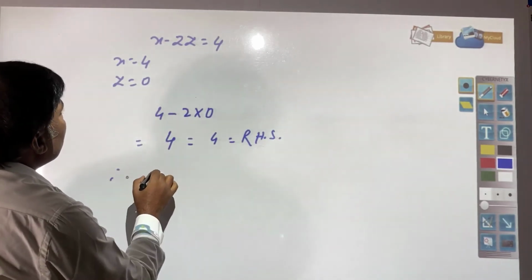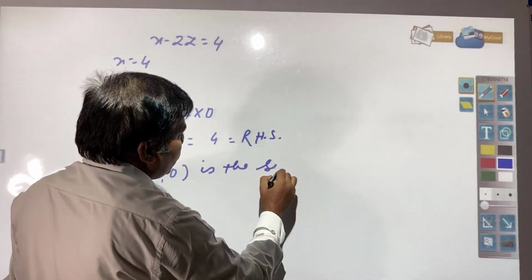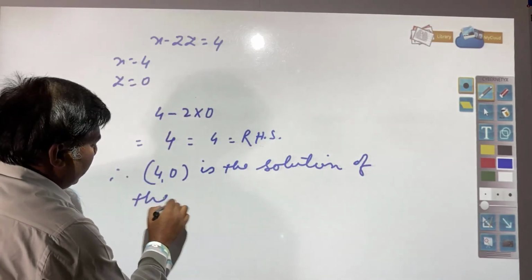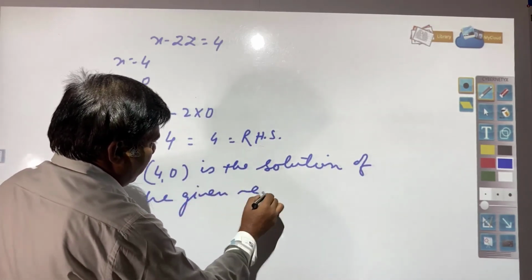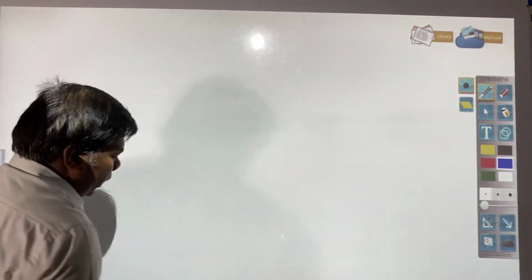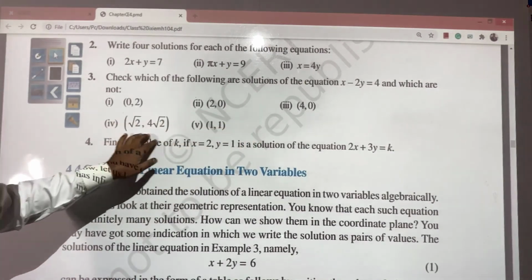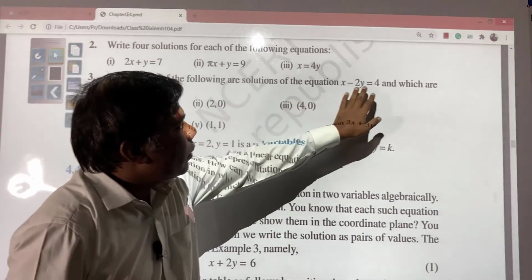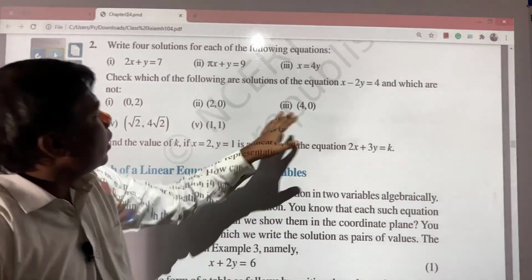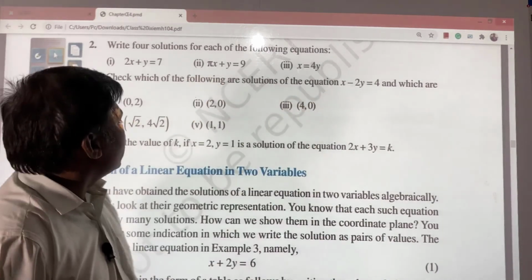Therefore 4 0 is the solution of the given equation. In this way you need to solve the question. Other values, just you put in this also. If RHS 4 is coming after simplification, then the given solution is the solution of the given equation, otherwise not.